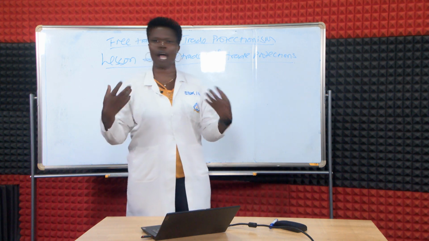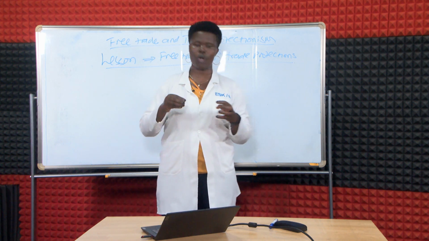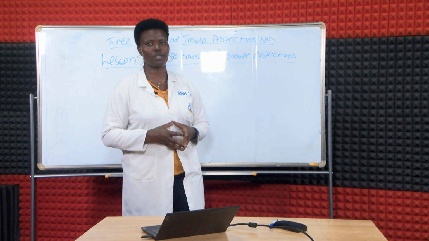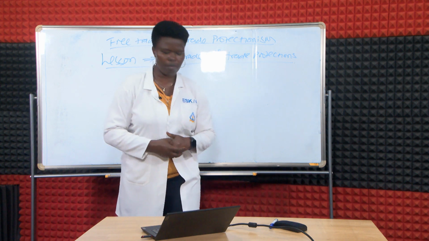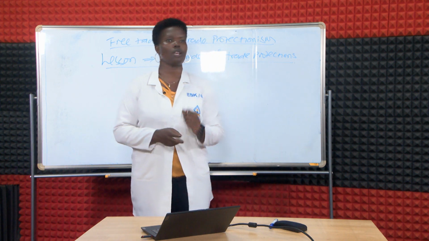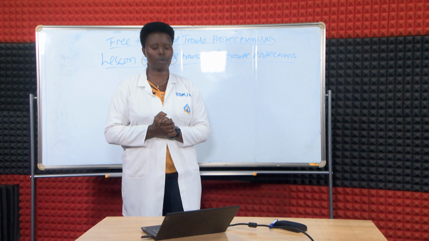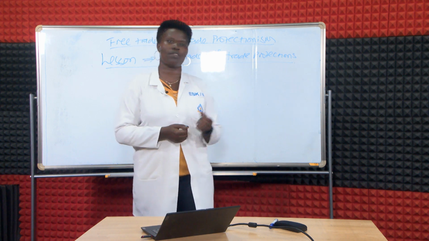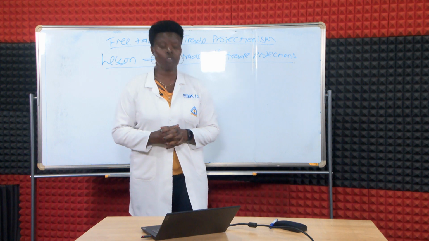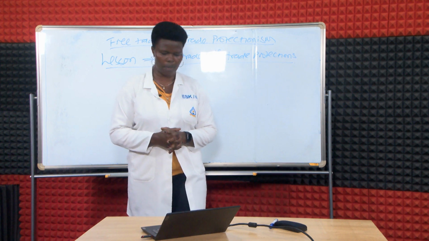Now, before we start actually to see the content in it, we have the lesson objectives. We have to know that by the end of this lesson, you should be able to clearly distinguish between free trade and trade protectionism. At the same time, you should be able to critically examine the impact of free trade and trade protectionism as used in international trade.